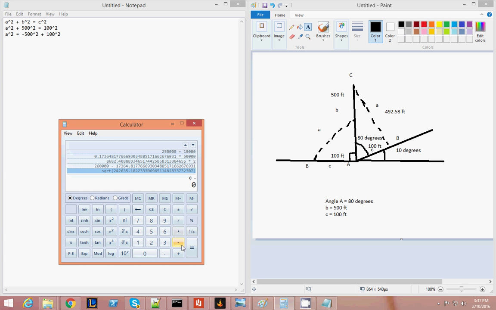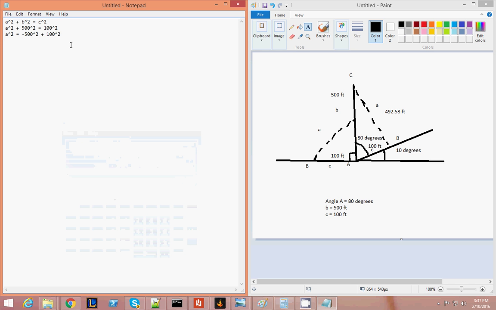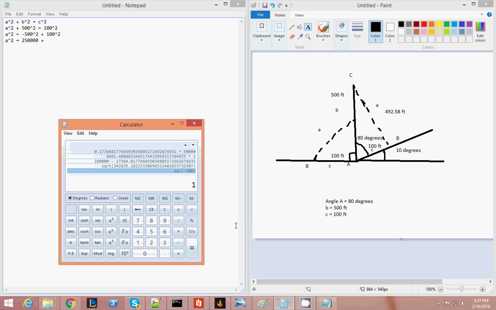So plus 250,000 is equal to 260,000. So a squared, bam. So now I have to take the square root of both sides to get rid of this square and just have side a. So a is equal to the square root of our problem here, which is going to be 509.9.